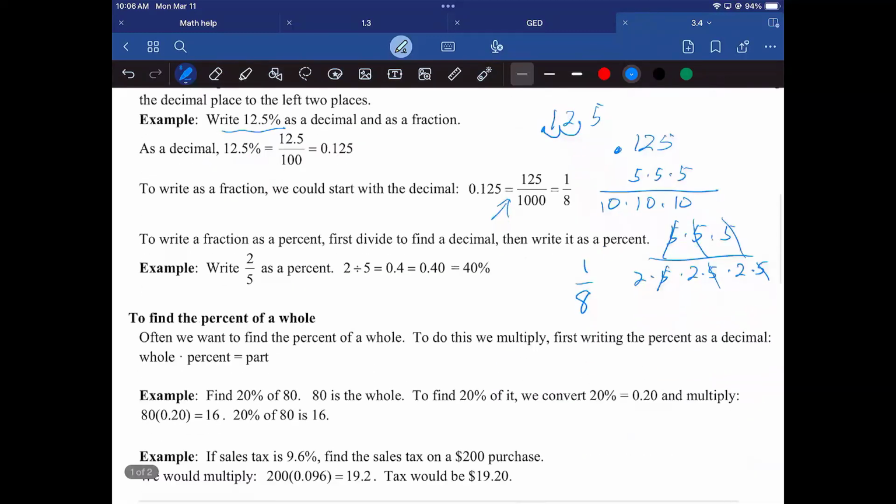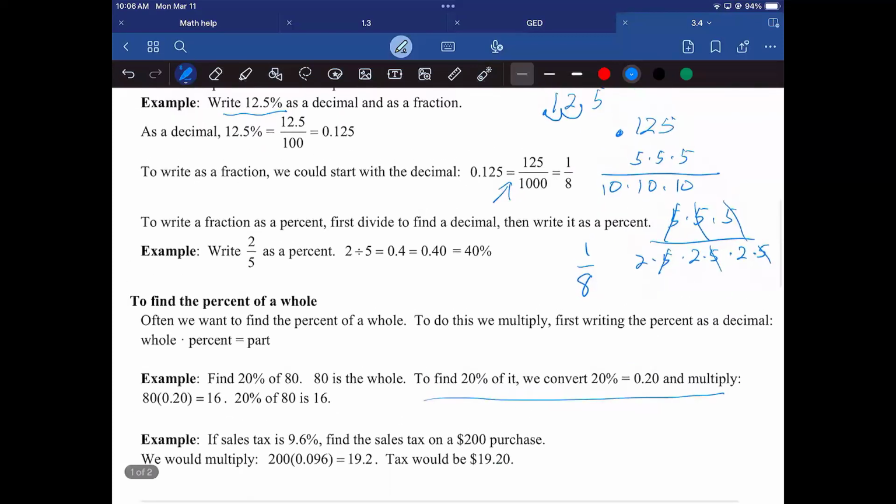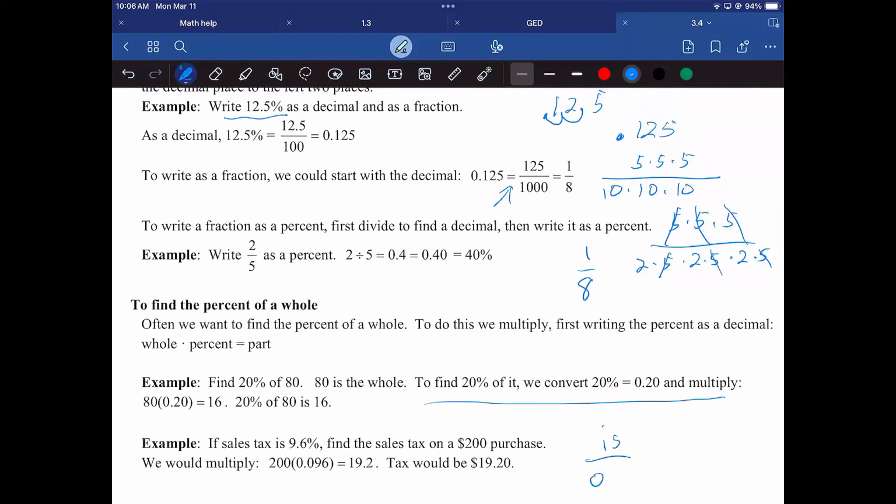To find the percent of a whole, we can use their way of doing it, but I'm going to teach you a different format. And that is is over of equals percentage over 100. Now, the way they show it is more efficient and will work. And if that's the way you've always done it, great.